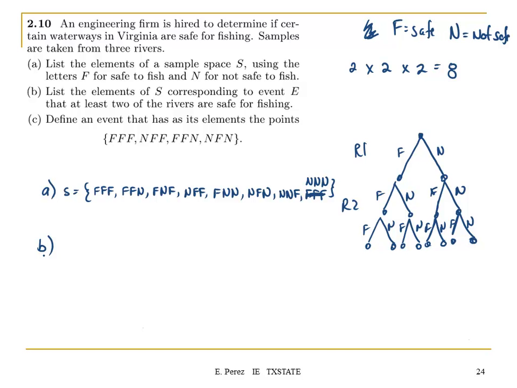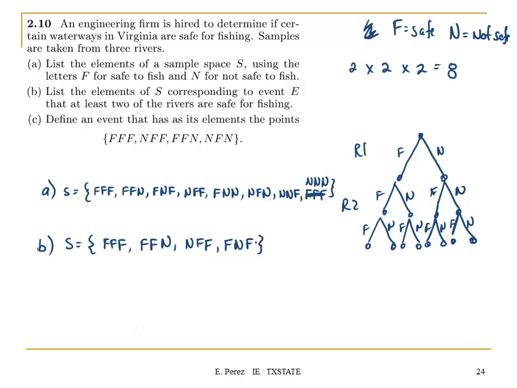So those are the following: F, F, F; F, F, N; N, F, F; and F, N, F. So what are the chances of having at least 2 rivers that are safe? 0.5, because these are all the outcomes that satisfy that condition.